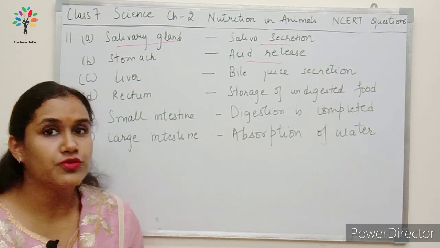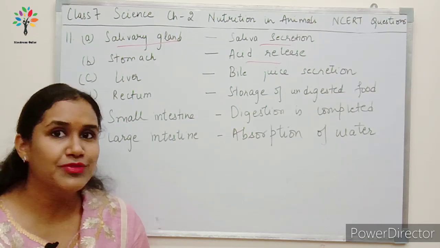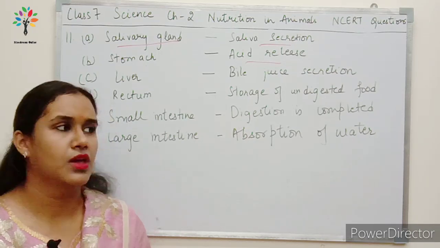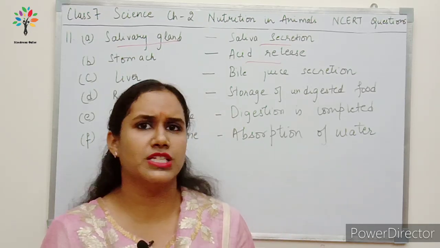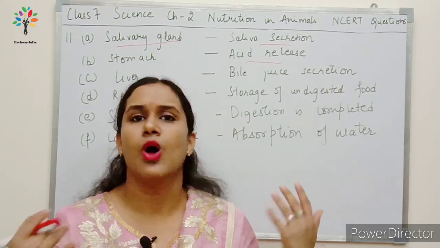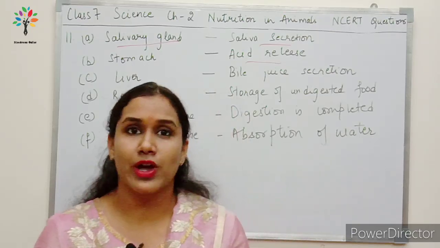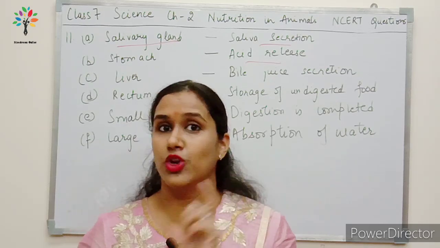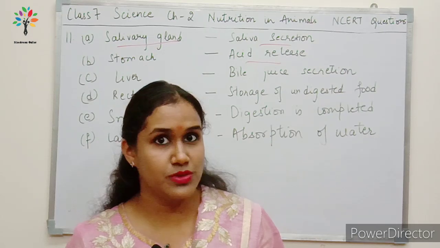Now the last question for the chapter is, can we survive on raw, leafy grasses or vegetables? We have to discuss this. First, let's see. Can we survive on leaves by eating only leaves or grasses or leafy vegetables? So you can write the answer in 2 points or 3 points. First point stating no, we cannot survive by eating the grass or leafy vegetables.